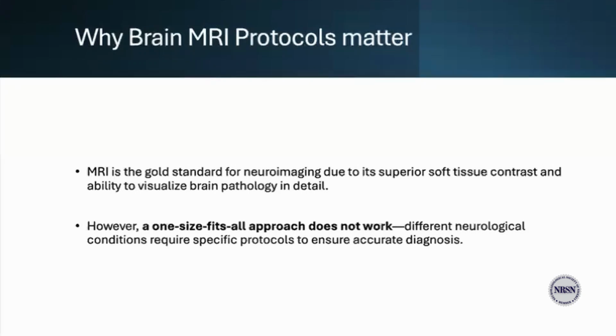Each neurological condition, whether it's stroke, multiple sclerosis, epilepsy, or even brain tumors, presents unique diagnostic challenges that require tailored imaging strategies. Selecting the appropriate protocol based on the clinical context is crucial for accurate diagnosis and improved patient care.